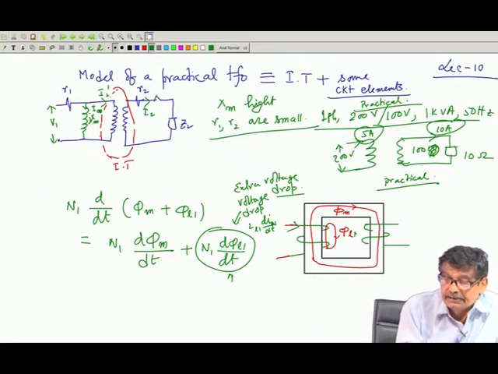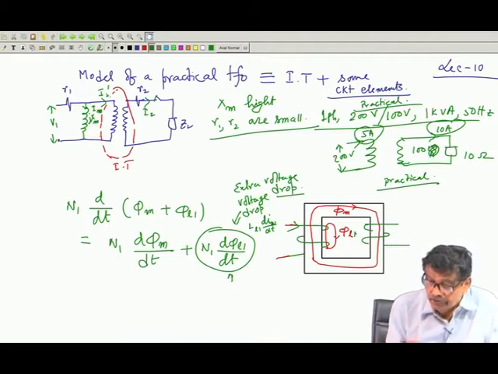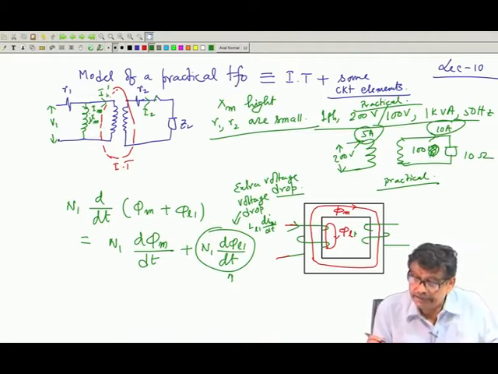In other words, out of this total applied voltage, a portion will be dropped in the small resistance R1, and also there should be a small inductance drop taking place, and the remaining voltage is as if going to the ideal transformer, giving you mutual flux alone. So, it looks like it should be like this then.